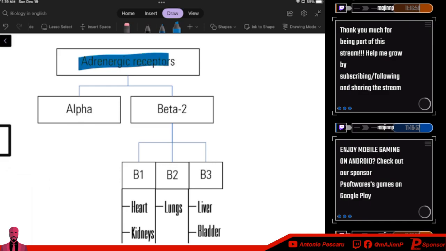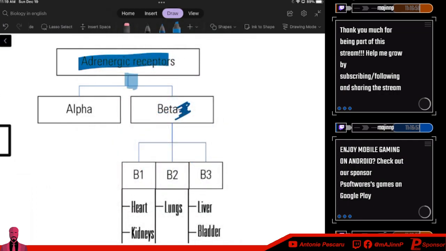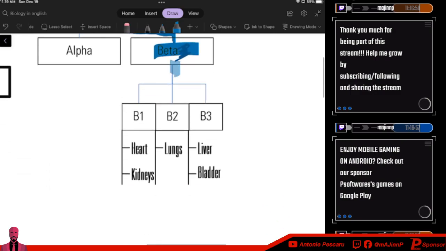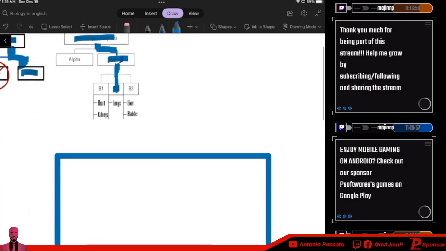So we have alpha and beta pathway. I'm just going to remove this. So we have our beta pathway. So it goes from here to here, stimulating the beta pathway, and then directly our beta 2 pathway, of which we find a lot in the lungs. A lot of them are found in the lungs.